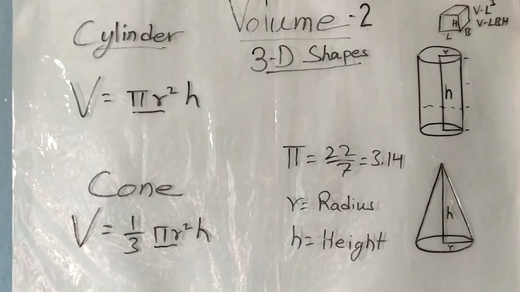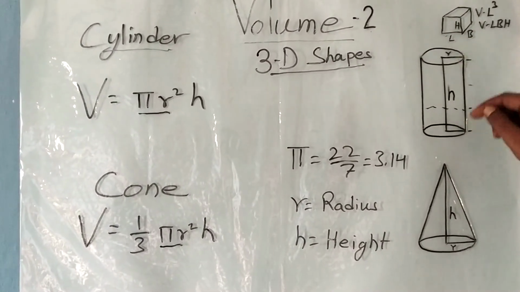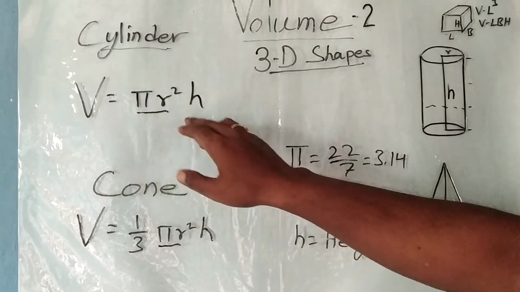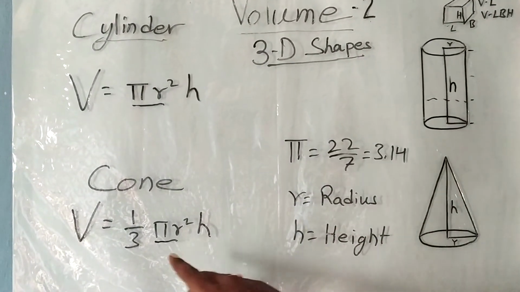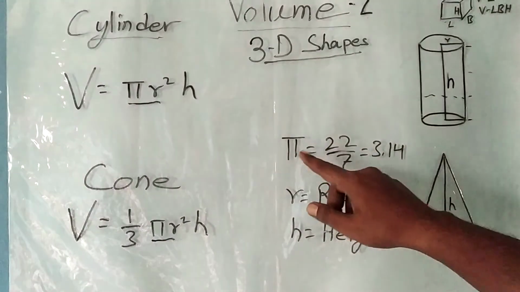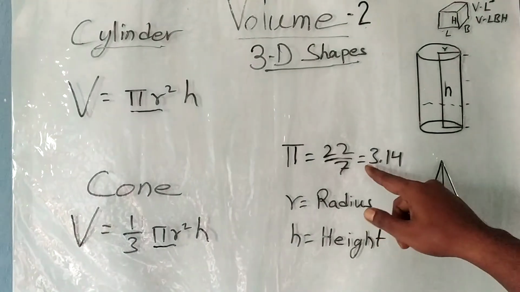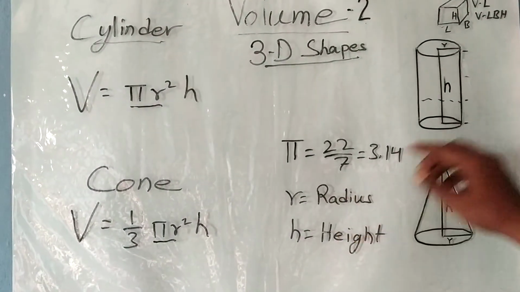So let's revise again. To find the volume of cylinder, the formula will be pi r square h, and to find the volume of cone, it will be 1/3 into pi r square h. In both cases, pi is 22/7 or 3.14, and r is the radius.